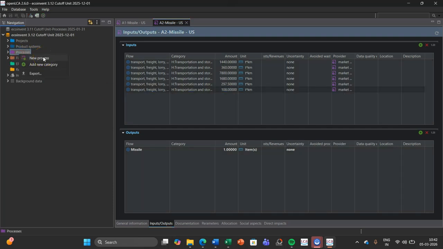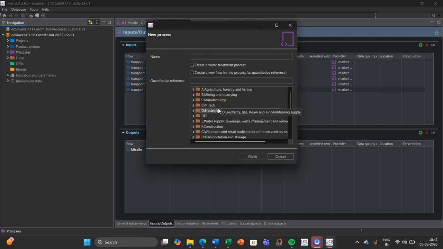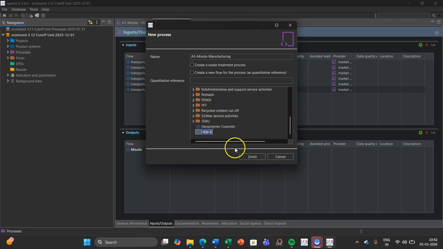Then we shall do A3, missile manufacturing. Okay, the same flow.